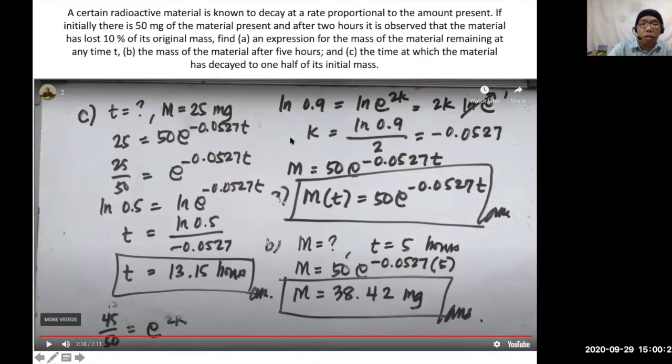So we were able to prove that in a decay process, the value of K is negative. That's why this is your particular solution, or we call this the expression at any time t. And if it's a growth problem, the value of K is positive. Just a few reminders.